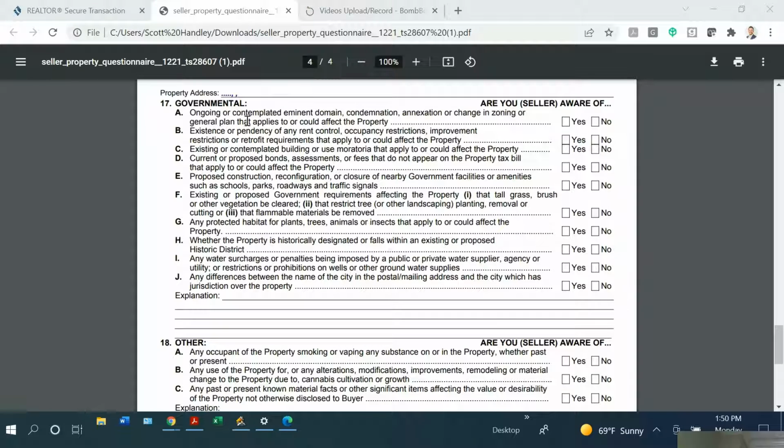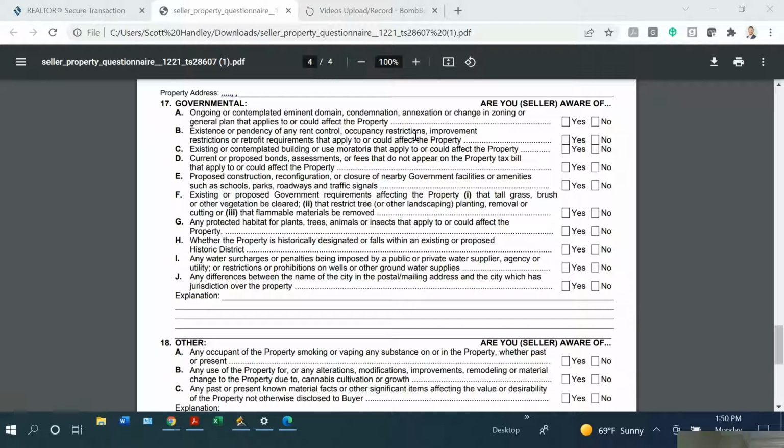Existence or pendency of any rent control, occupancy restrictions, improvement restrictions, or retrofit requirements that apply or could affect title. Now, one here that could be an issue is occupancy restrictions. Sometimes there are liens on your title, on your deed, that state, hey, this can only be an owner-occupied property.